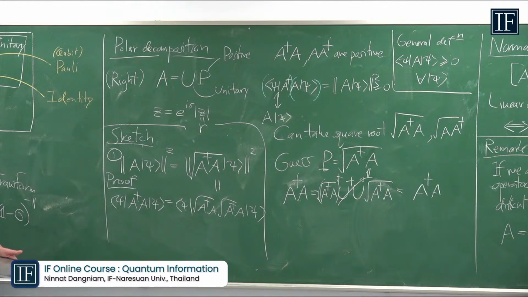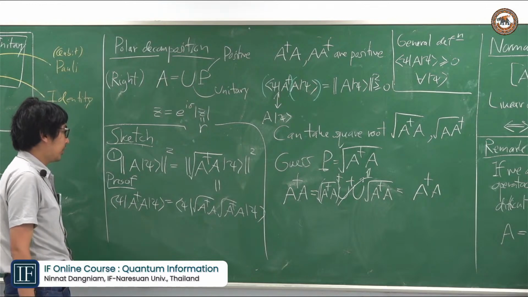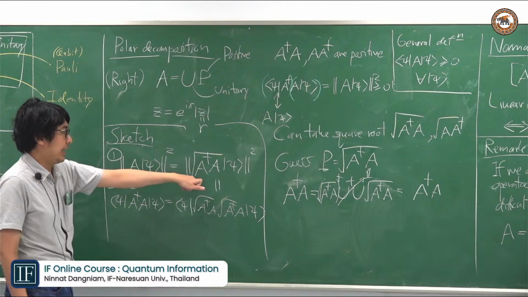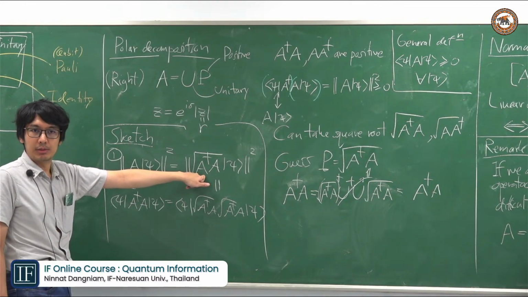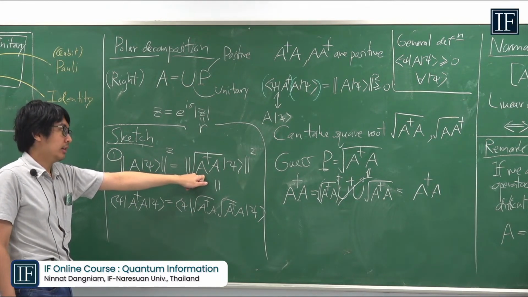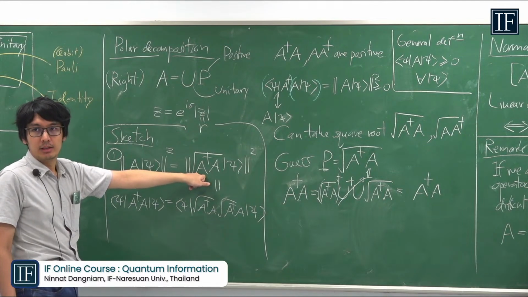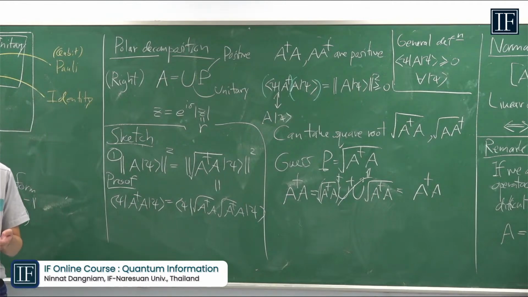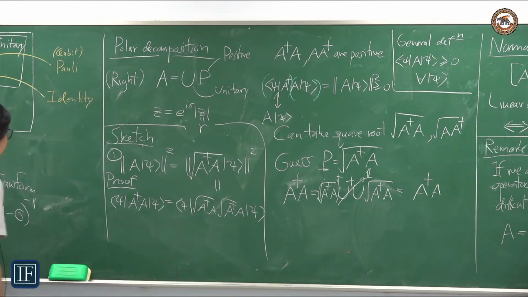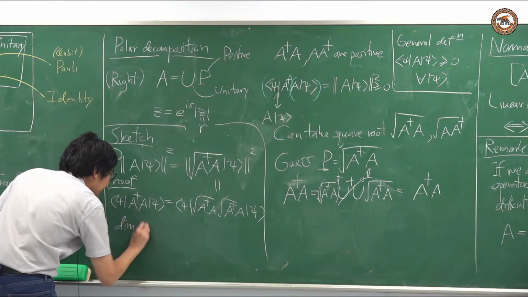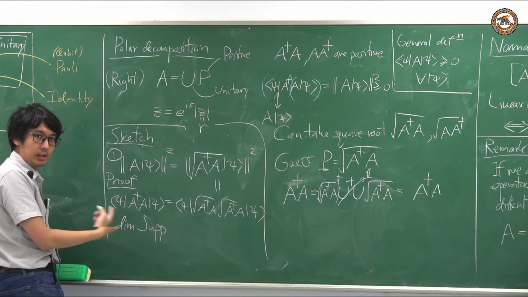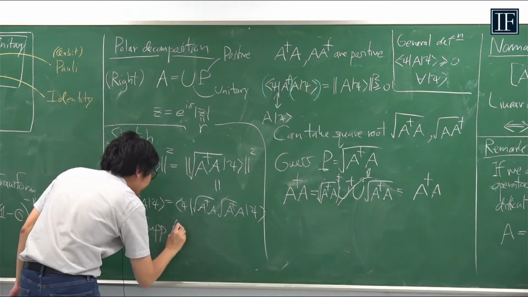This means that for any vector psi, under the action of A or under the action of its positive square root, the norm would still be the same. In particular, it would not map a non-zero vector to a zero vector, for example. To say it another way, the dimension of the support and the dimension of the kernel of these two are the same.